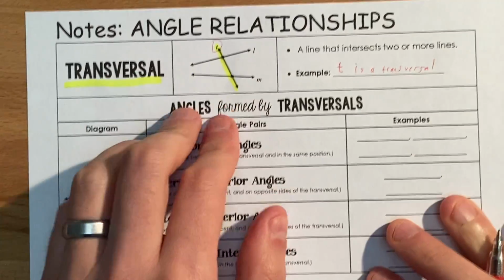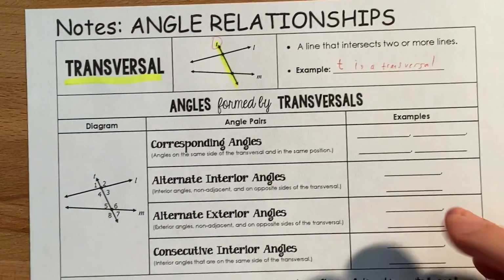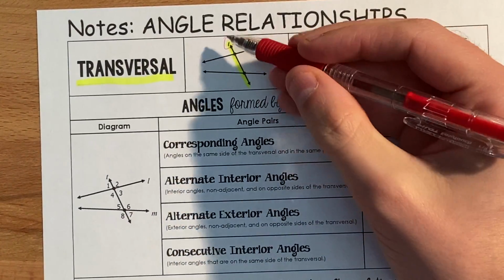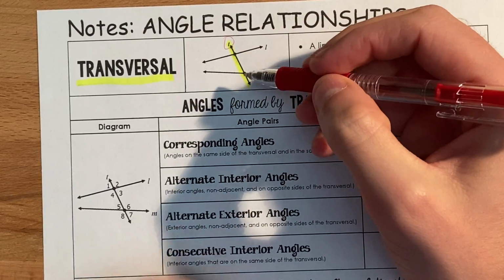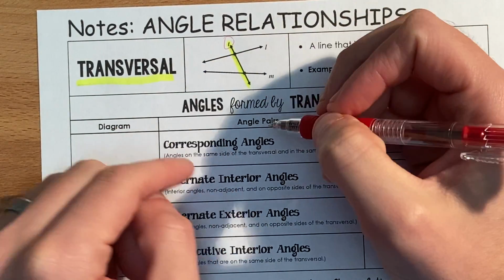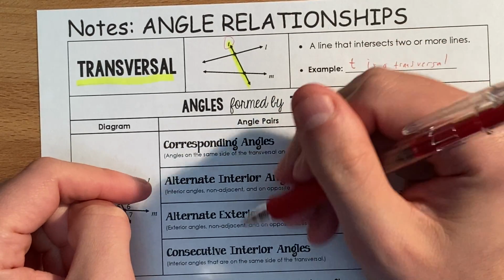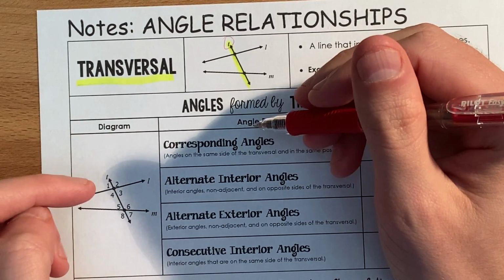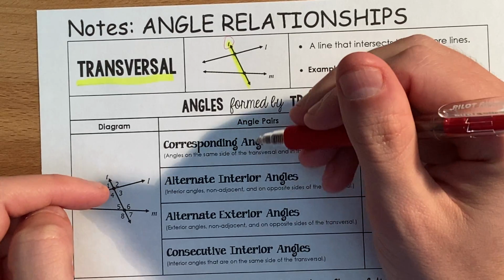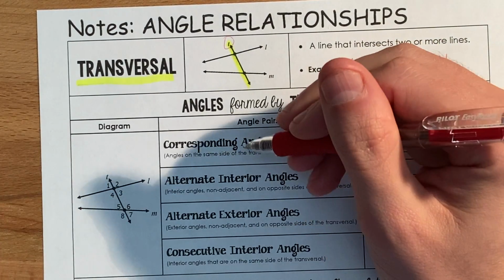Now, when you have these two things coming together and this one line crossing them, there are angle types that we're going to talk about. And this is very important vocabulary. It is very, very necessary in geometry to understand these terms.